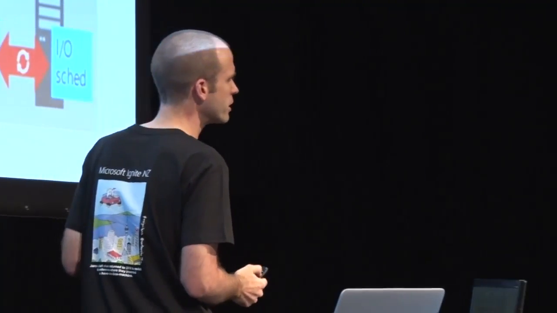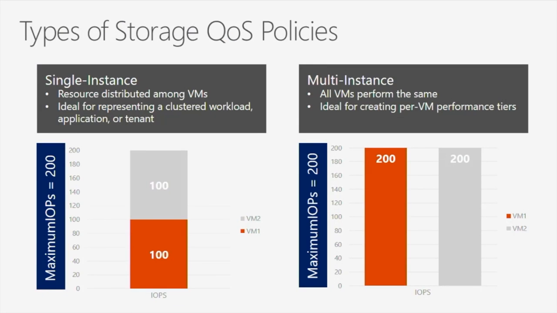The next thing that we've done is we've implemented a number of group QoS policies. And we've done 2 forms of group QoS policies, both of which solve different problems. The first one is what we call single instance policies. Single instance policies allow you to create a single policy where you can say, engineering department gets 10,000 IOPS.